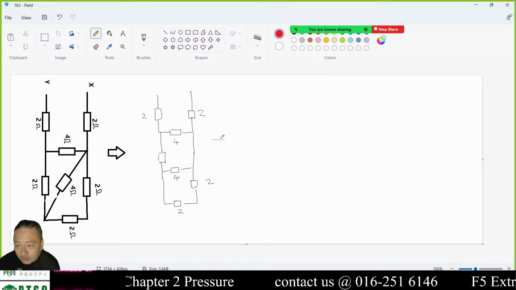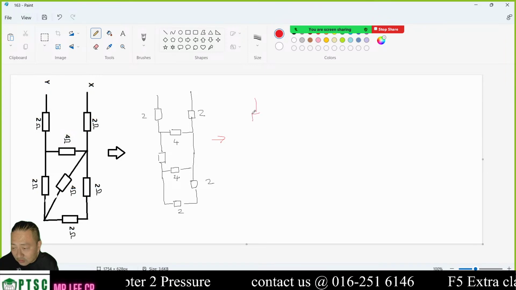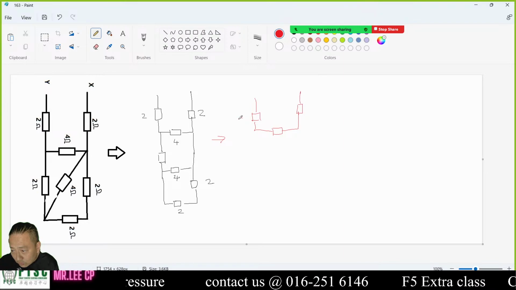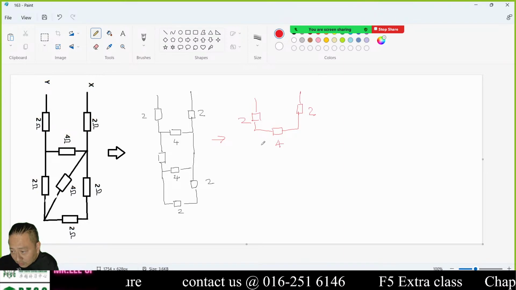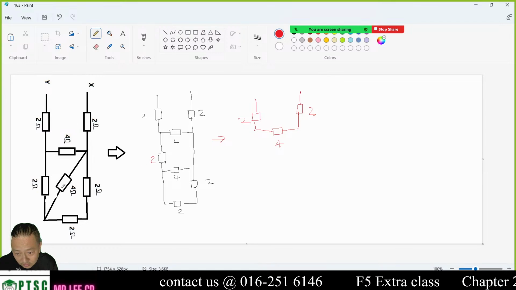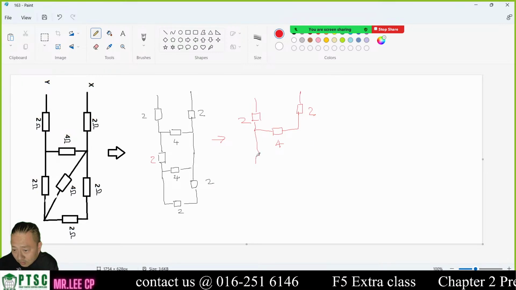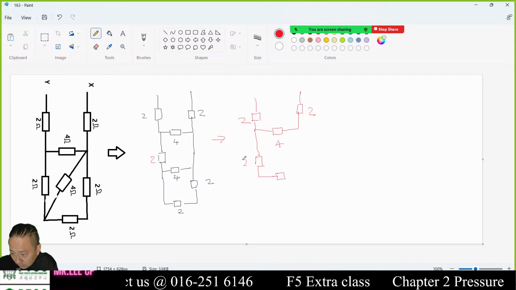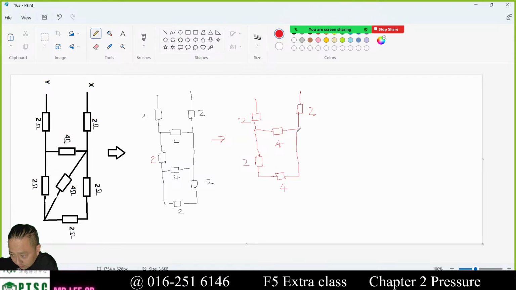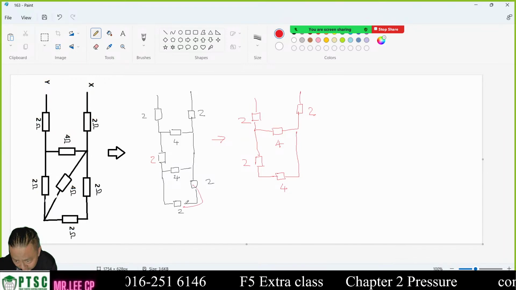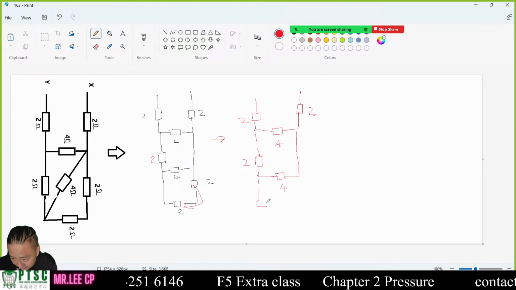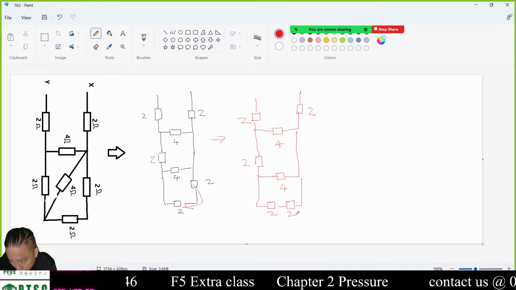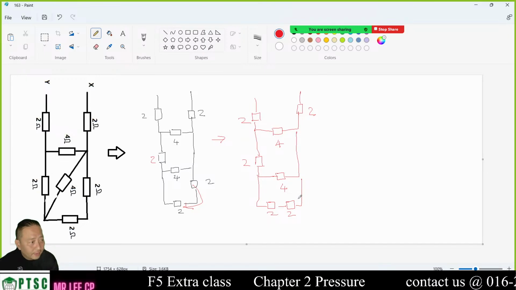Now this one is actually equivalent to 2, then 4, and then 2. Here this one is 2, this is 2, and then it goes to 4. These two I bring to here so you can see more easily. 2 and 2, right?